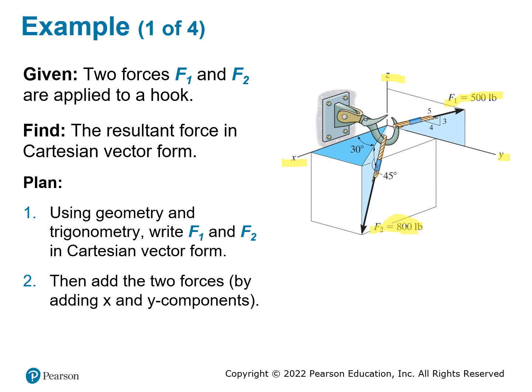So the 30 degrees is the angle between x and y. The 45 degrees represents the angle between the z direction and the x and y plane.